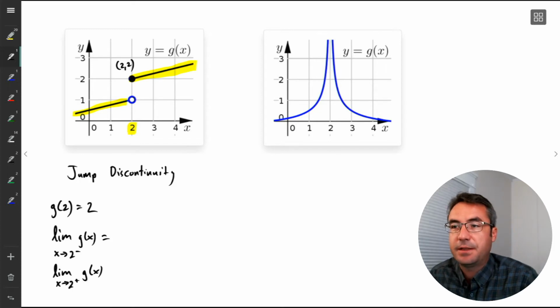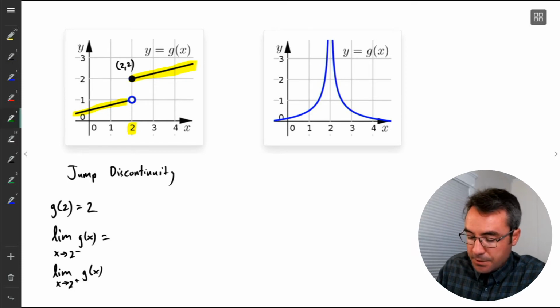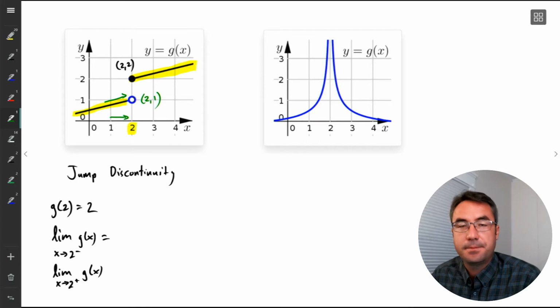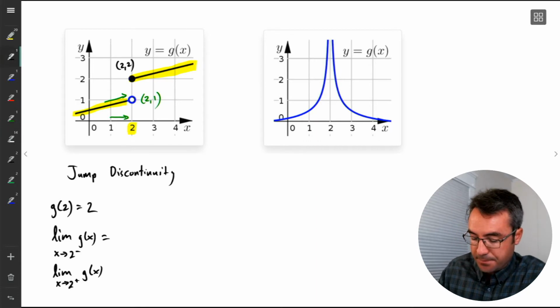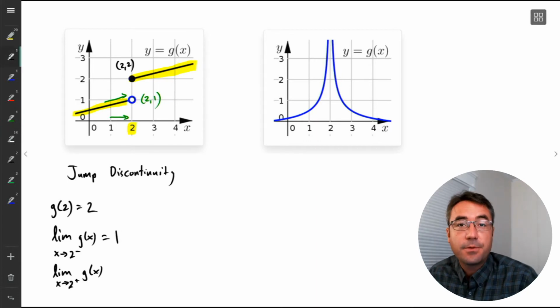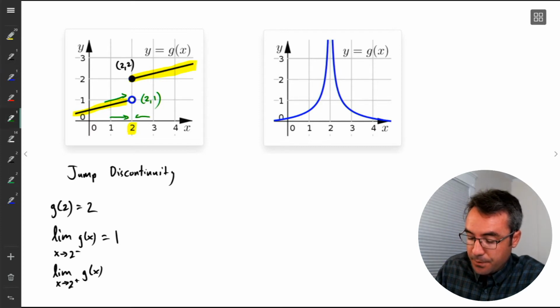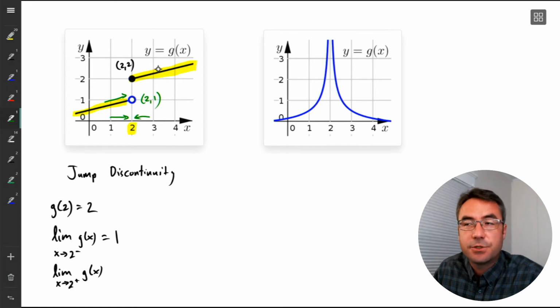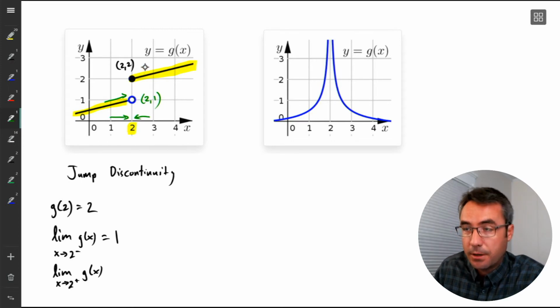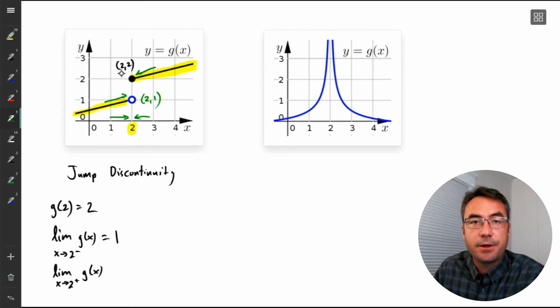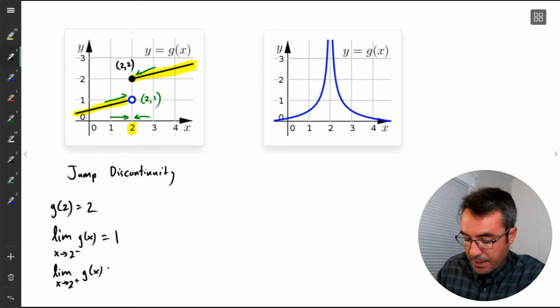So let's start with the left-hand limit. As we get closer to 2 from the left, if we look at our graph, it looks like we're getting closer and closer to this point right here, which has coordinates (2, 1). So the left-hand limit is 1. And then for the right-hand limit, we're going to approach 2 from the right-hand side. If we walk along our graph, we see what point we're getting closer to, and it looks like we're getting closer and closer to this point here. So our right-hand limit is 2.